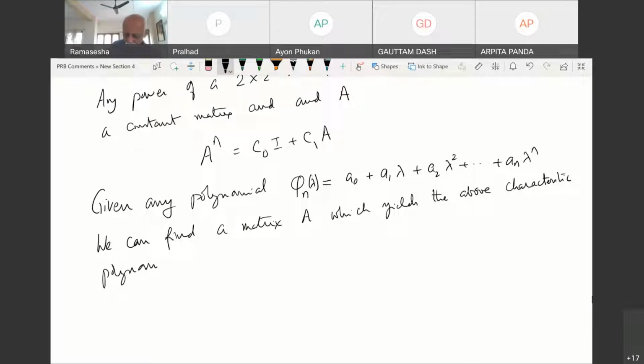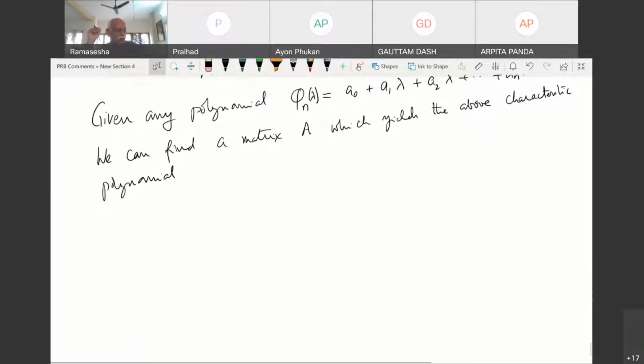That means I give you a polynomial. Can you think of a matrix whose characteristic equation is this polynomial? That is the question that I'm asking. And the answer is yes, of course I can find it, and it's very simple to find.